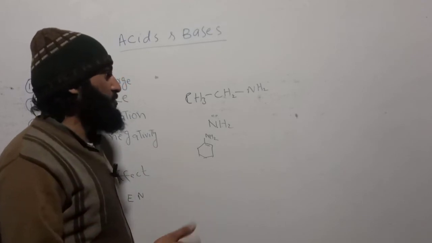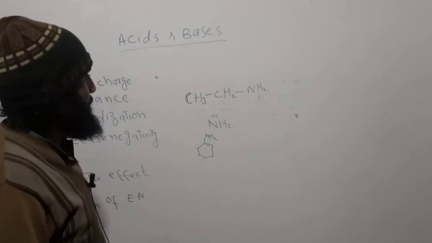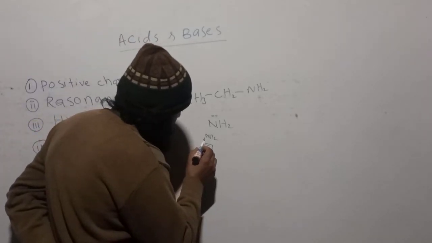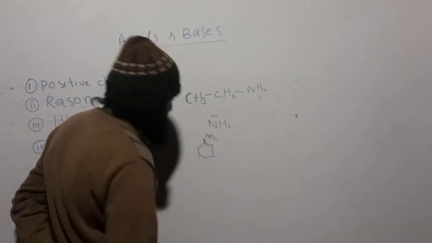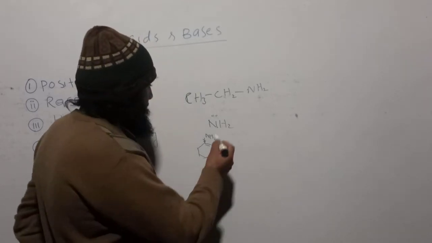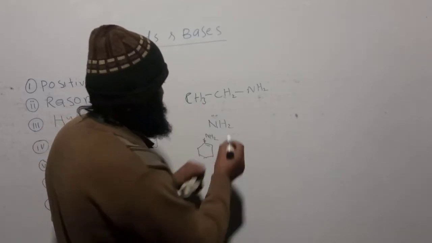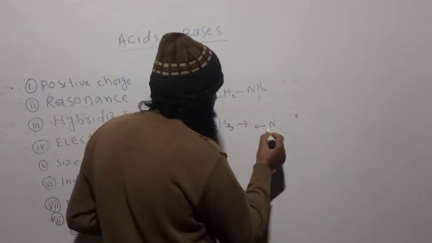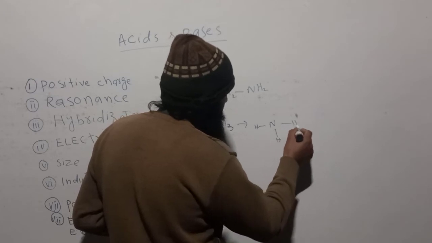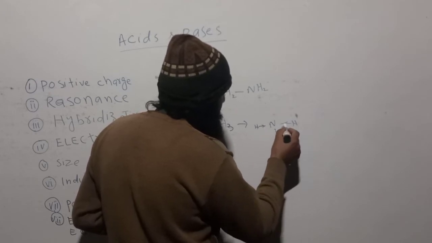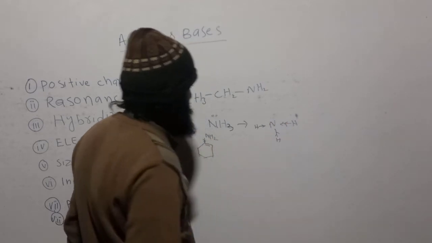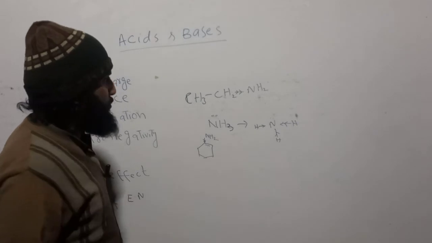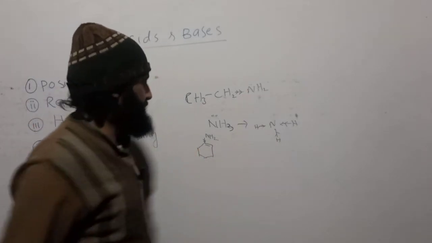Which of the following is the strongest base? Clear. So you know here electrons are withdrawn toward this substituent in the form of NH3, while here electrons are inducted toward nitrogen, and here electrons are also inducted toward this nitrogen.